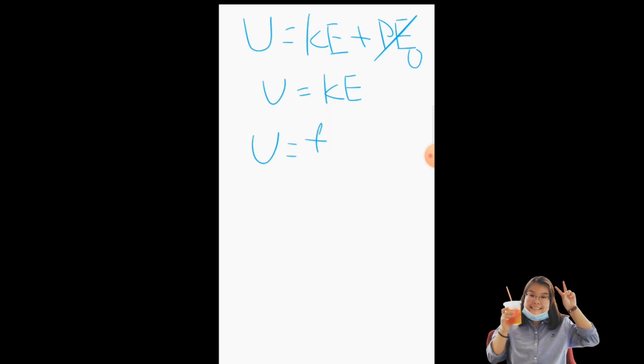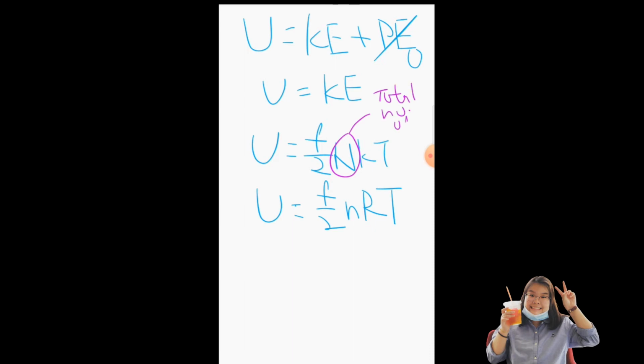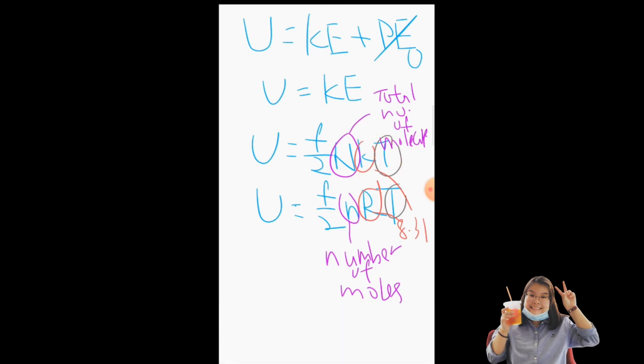U equal to f over 2 NkT, and another one is U equal to f over 2 nRT, where N here is the total number of molecules, and n here is the number of moles. And k and R here are constants, R is 8.31, and T here is temperature.